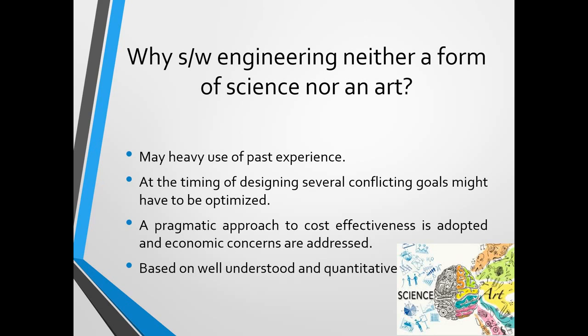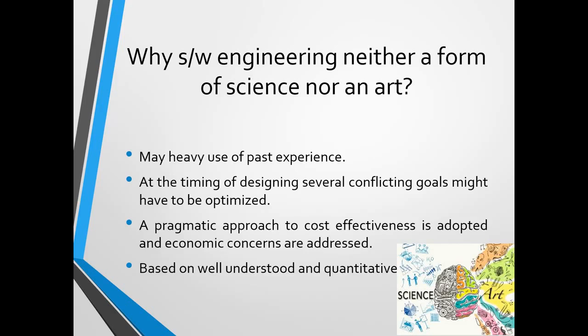This past experience is systematically arranged and a theoretical basis for it is provided wherever possible. Whenever no reasonable theoretical justification can be provided, the past experiences are adopted as rules.